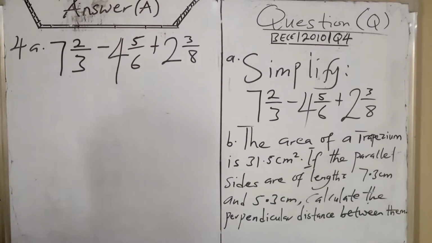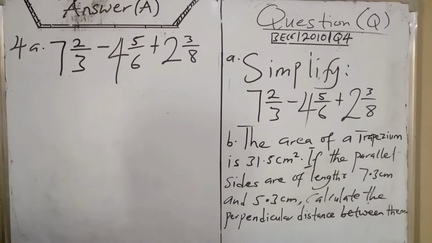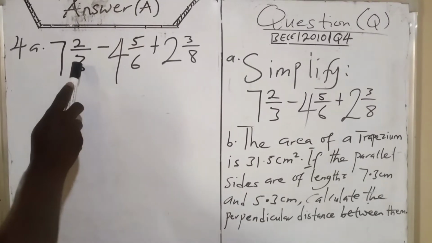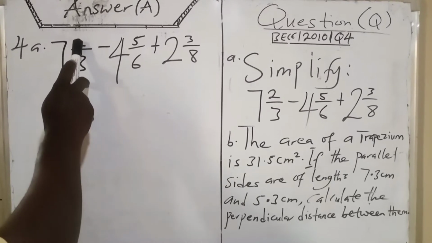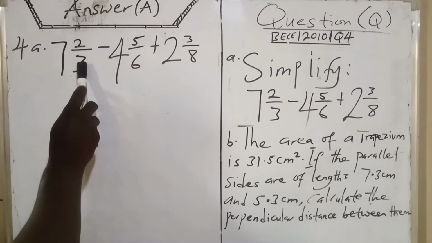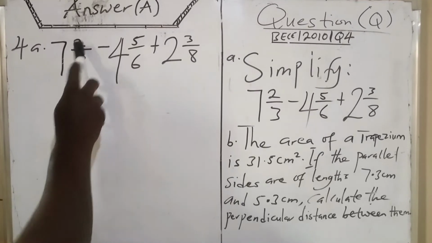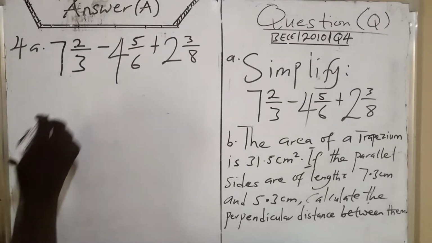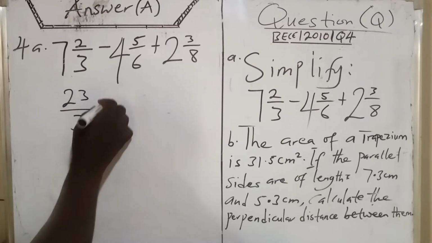To simplify this, first of all, we are going to change all mixed fractions into improper fractions. By doing so, you take the denominator, multiply by the whole number, and then add it to the numerator. So 3 multiplied by 7 is 21, plus 2 gives us 23 over 3.